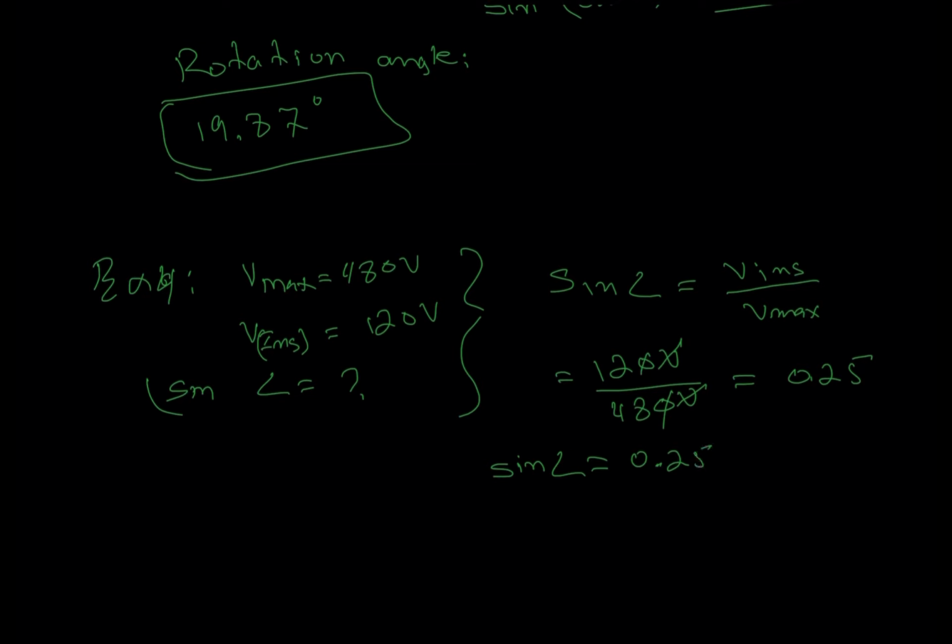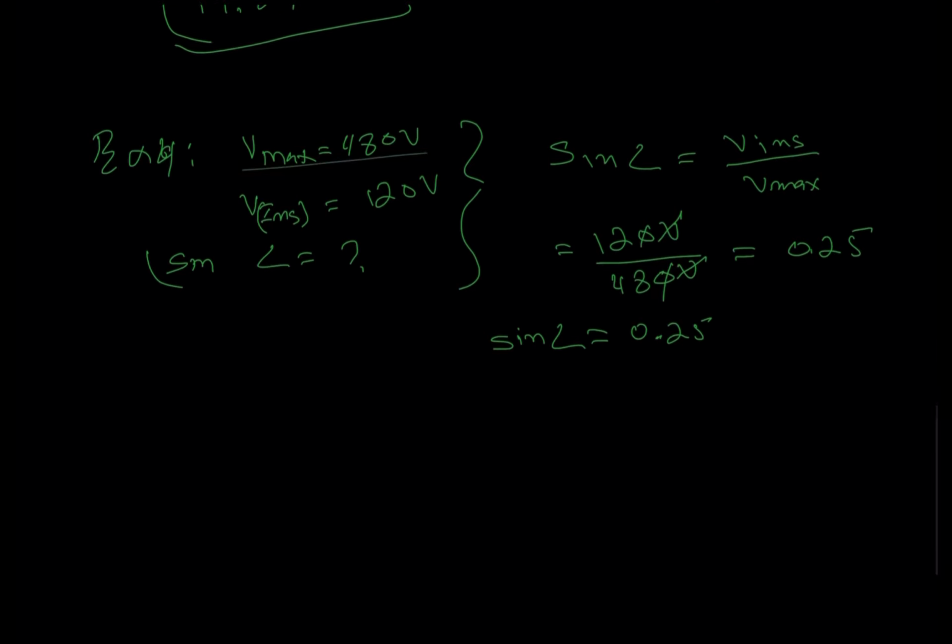But we have to find that angle. To find that angle, we have to do the inverse of a sine. So we will do inverse sine of 0.25. In your calculator, press shift, then sine, then enter that data and close the parentheses.